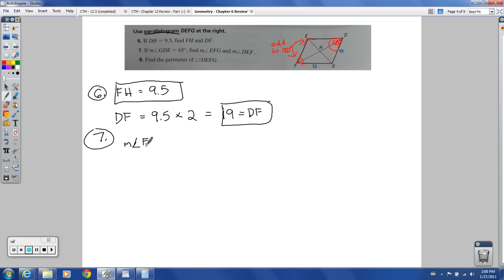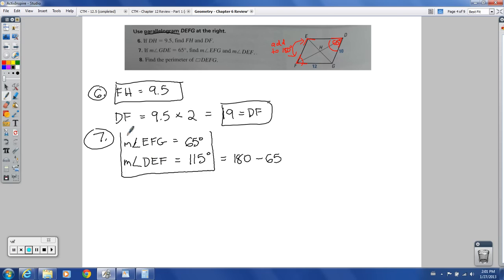Measure of angle EFG is going to be the same as GDE, so it's 65 degrees. And the measure of angle DEF is supposed to add to 180 with the other one, so it should be 115. So 115 coming from 180 minus 65. So that's our final answers for both of those ones.